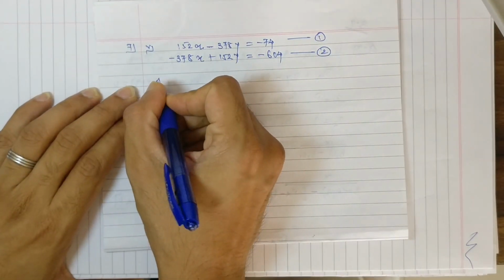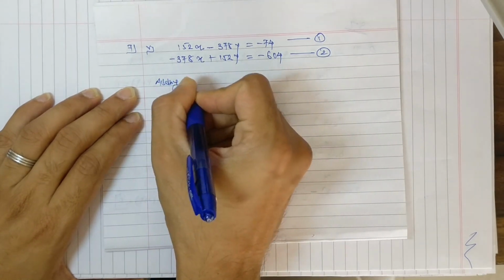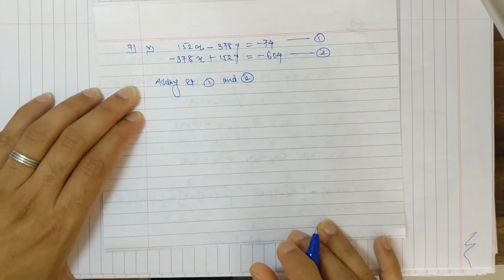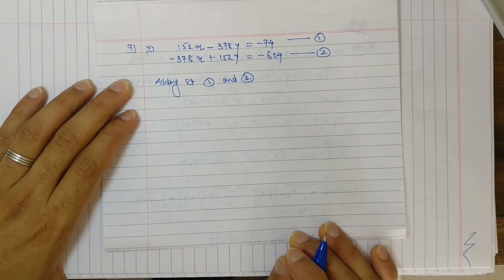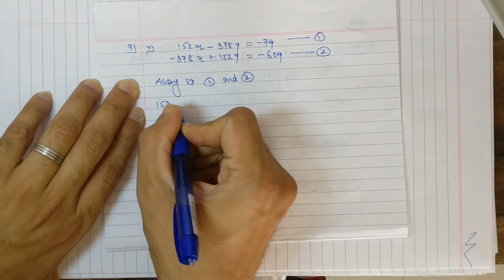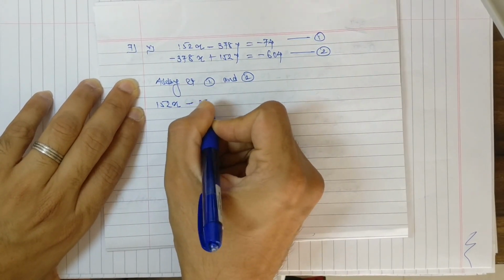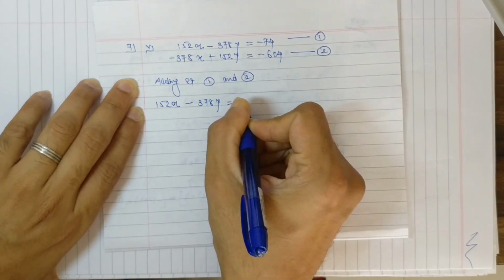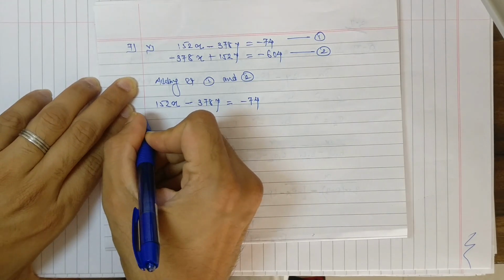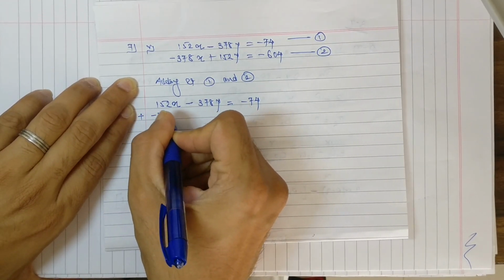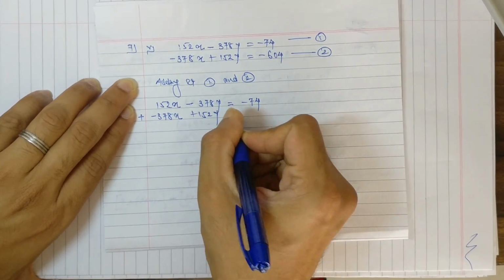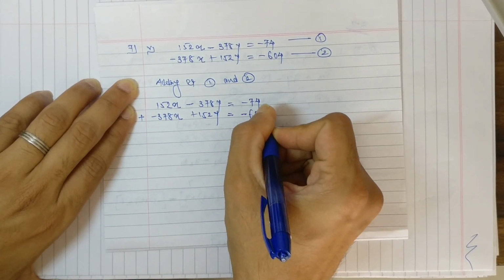So first is adding equations 1 and 2. What will you get? 152x minus 378y is equal to minus 74, plus minus 378x plus 152y is equal to minus 604.